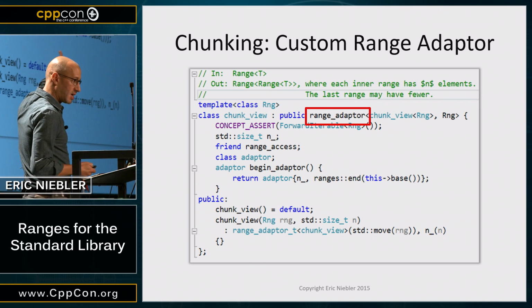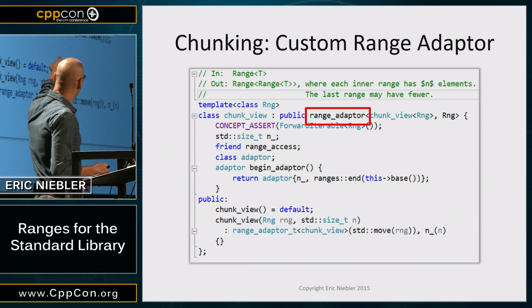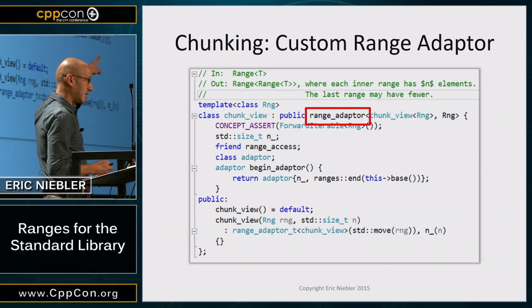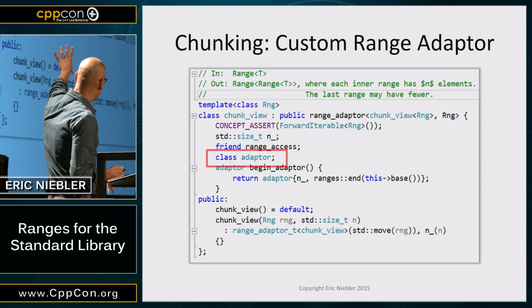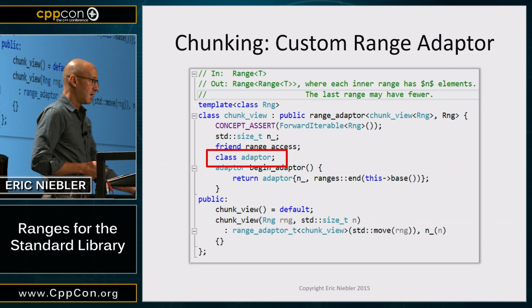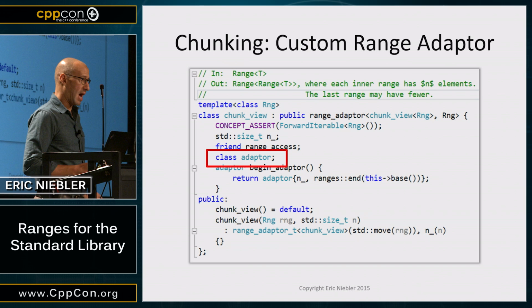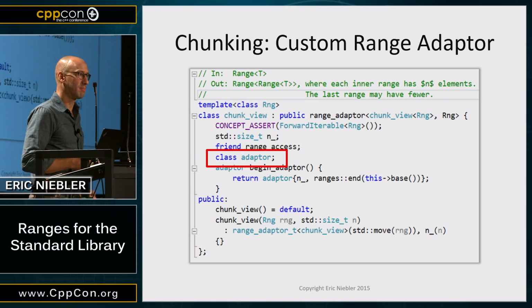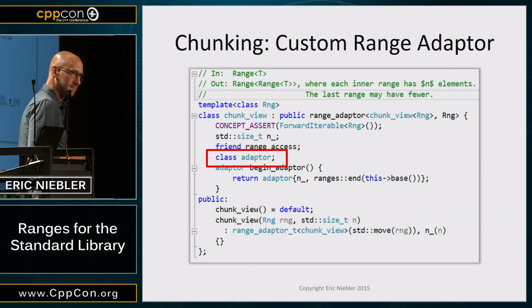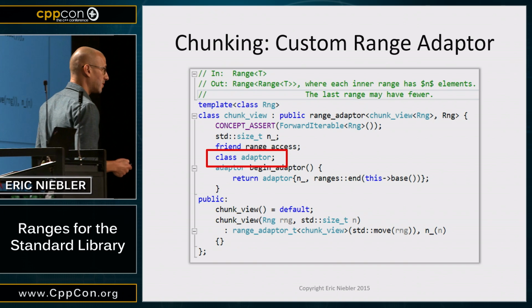We have a chunk view that inherits from range adapter, which is going to wrap a range. This here is mostly boilerplate. The bit that's interesting is this adapter class. That's where we're going to put our new behavior, where we specify the updated operator star and operator plus plus. And everything else we'll get for free.